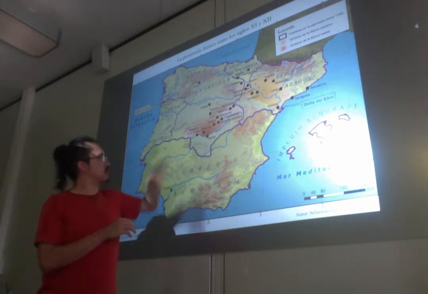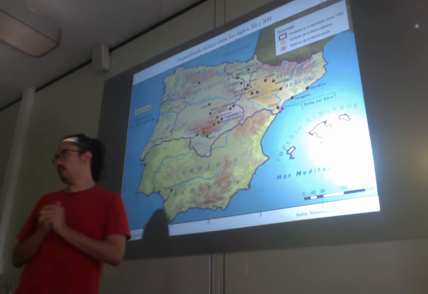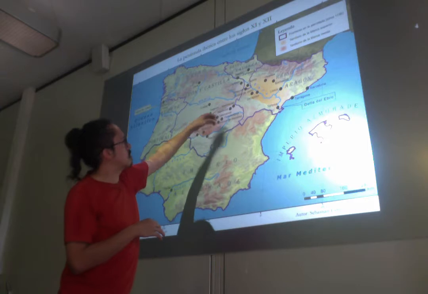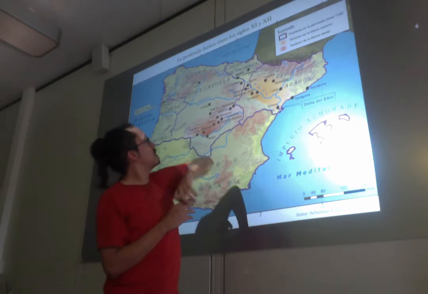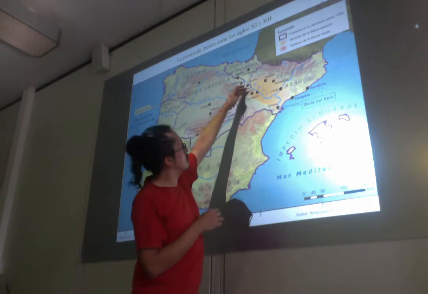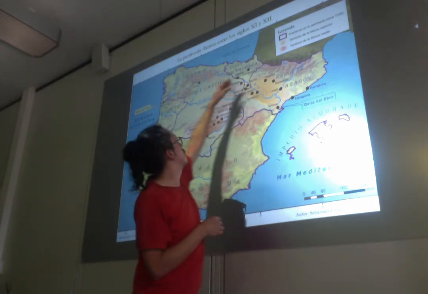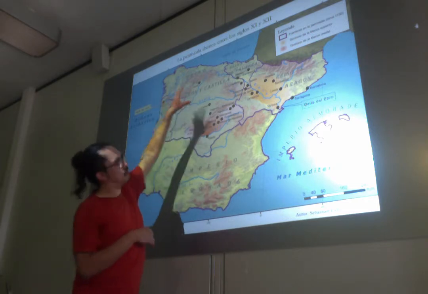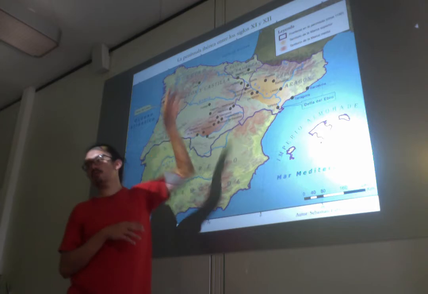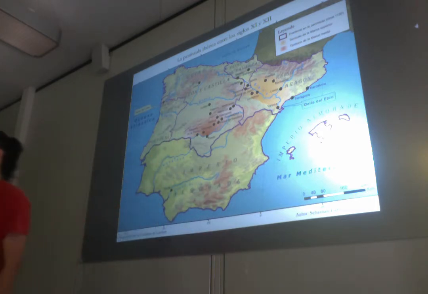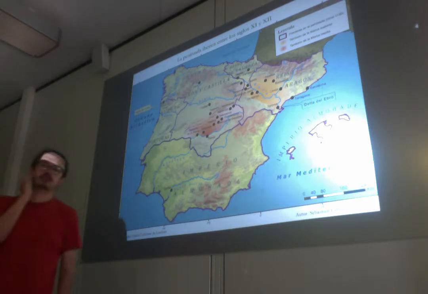In Toledo is the main point where the translations happened. There were also translations in Segovia, but we have a very strong translating movement between Tarazona, Zaragoza, Barcelona, also some translating movement in León and Ponte de Lima. The northern region was broader, the geographical area where the translating movement took place.